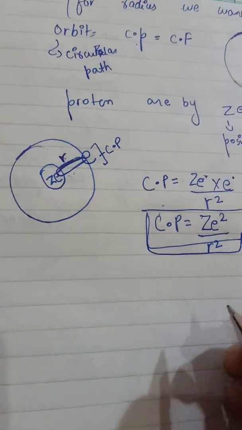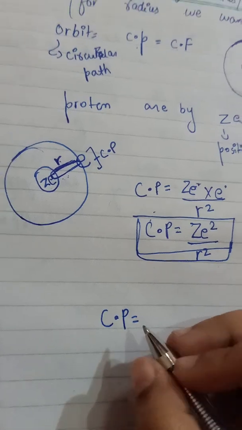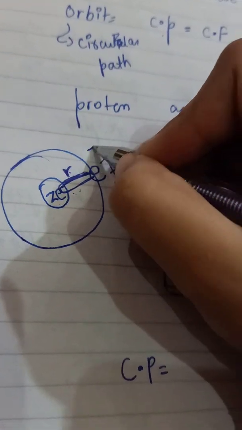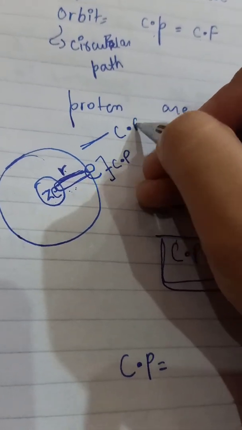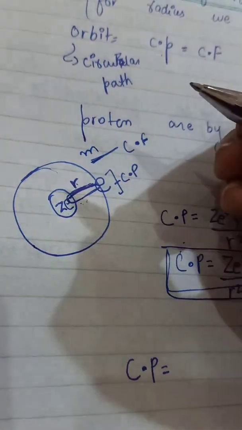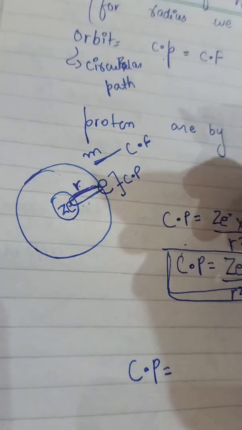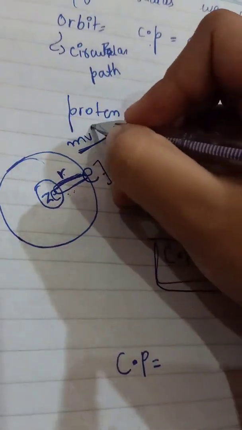Now talking about the centrifugal force. Centrifugal is where the electron moves away from the orbit. So there is a momentum as well, a straightforward motion, and this is considered the velocity as well, v square.